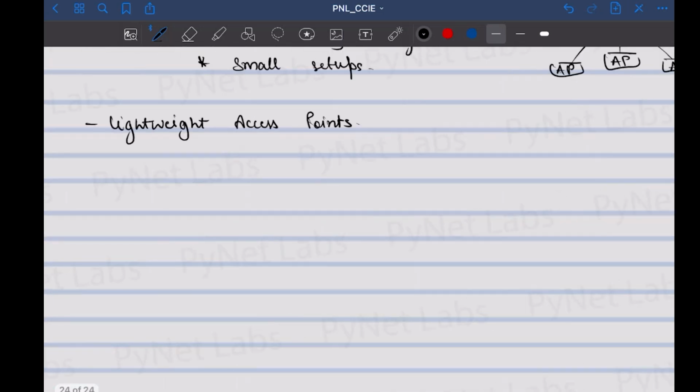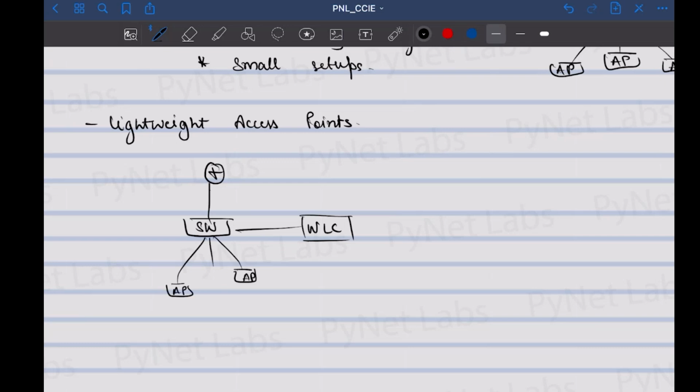But now there would be a router, there would be a switch, there would be a WLC, and then that WLC would be used for managing these access points. So it gives me the ability of managing the whole setup, the whole number of access points through my WLC.